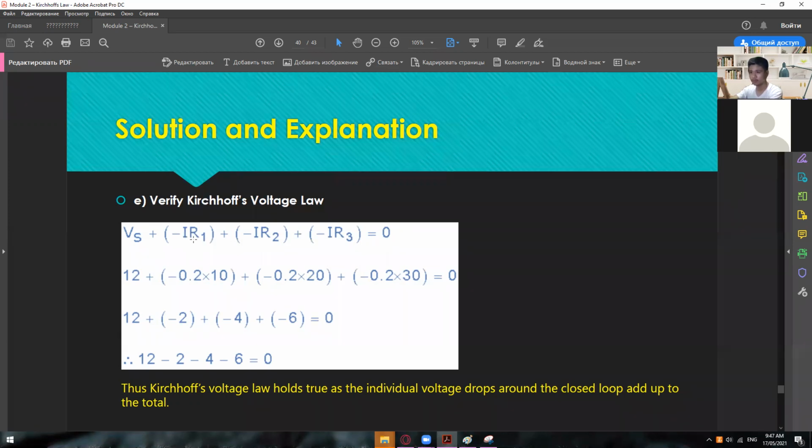So I is 0.2, R1 is 10, up to the last, and then you will get this one. If this one is 0, then it means your answer is correct, or your current is correct, which is 0.2. So from here, 12 minus 2 minus 4 minus 6 is equal to 0, wherein 0 is equal to 0.